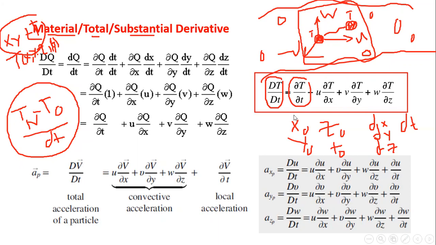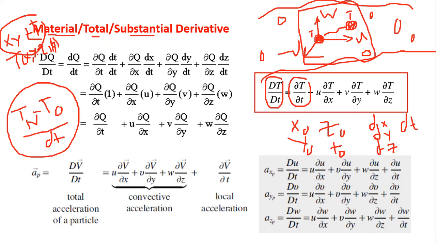So this equation accounts for the change of the variable with respect to time and the change of the variable with respect to the space coordinates in order to find the total change of the variable we are considering with respect to time.